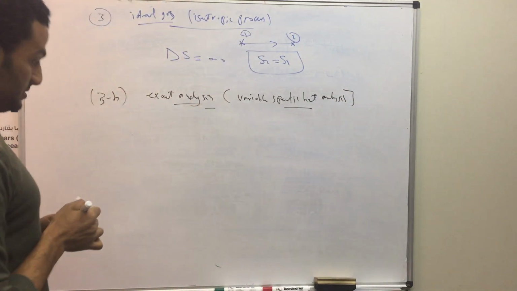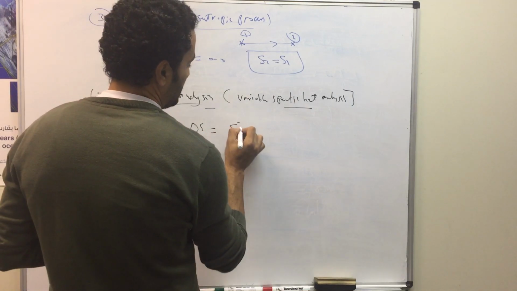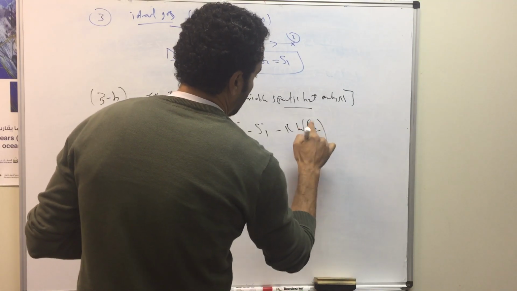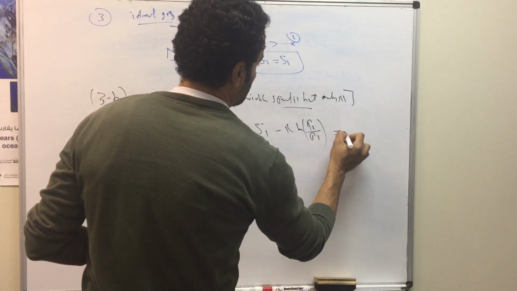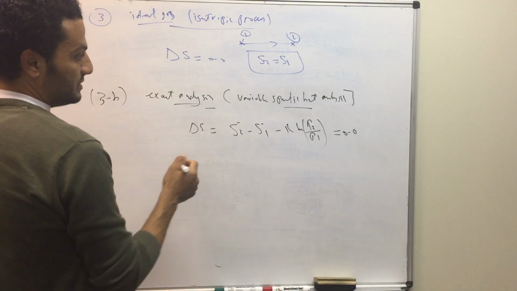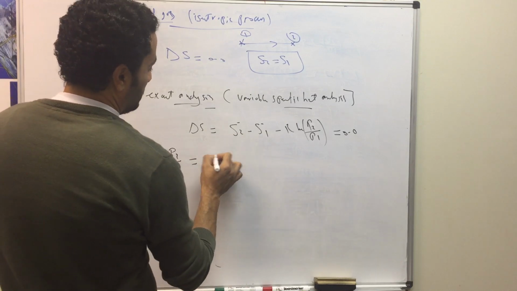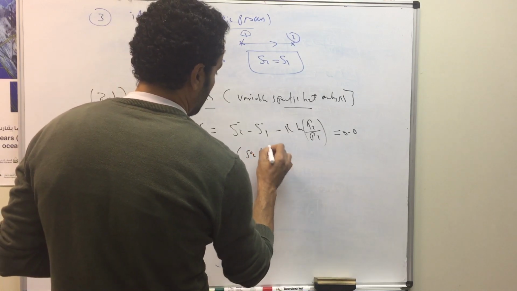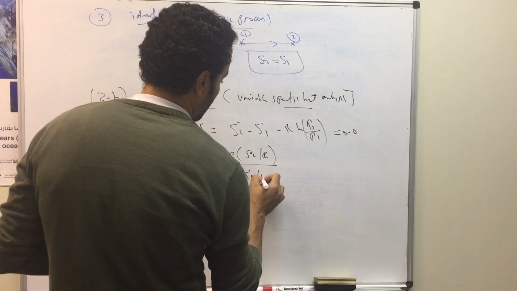In this case we have this relation, delta S, which we said is S2 node minus S1 node minus R ln P2 over P1. When we have an isentropic process, this term should equal 0. I will just go through 2-3 steps to understand. As this is equal to 0, we can say P2 over P1, you can just reduce it, will equal exponential of S2 node divided by R, divided by exponential of S1 node divided by R.